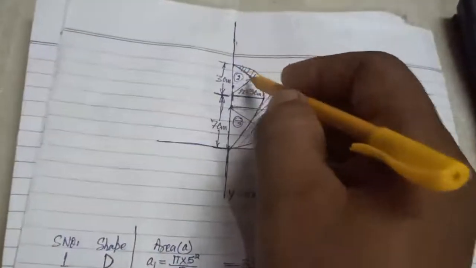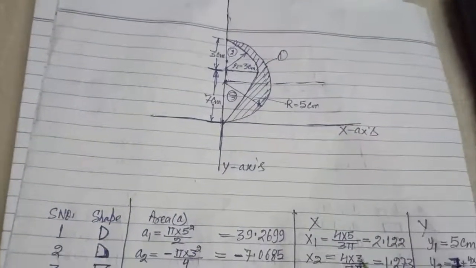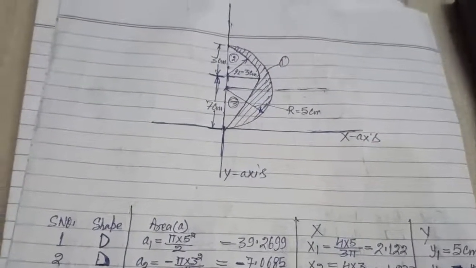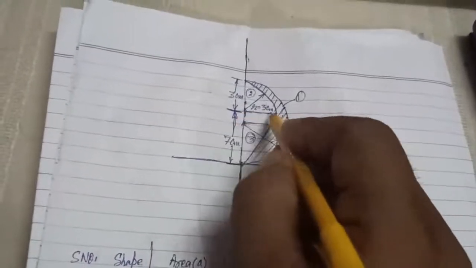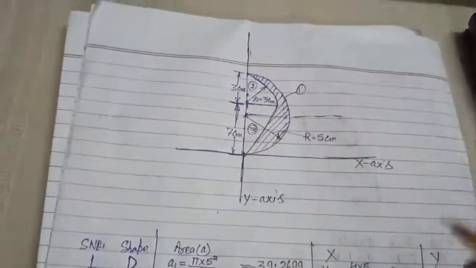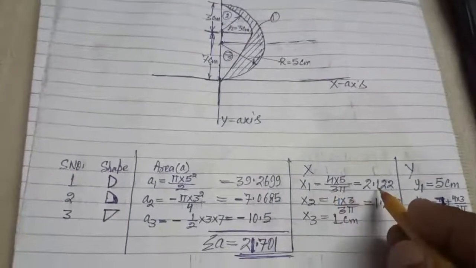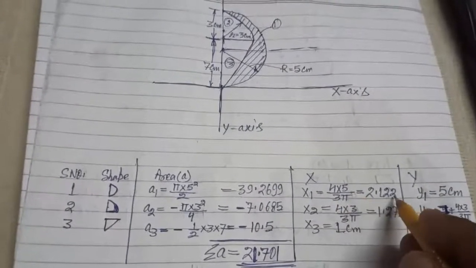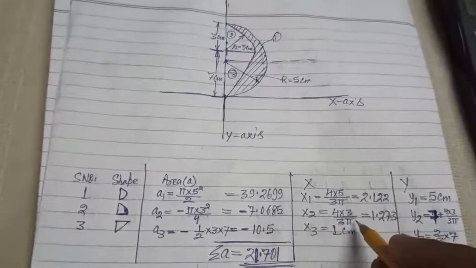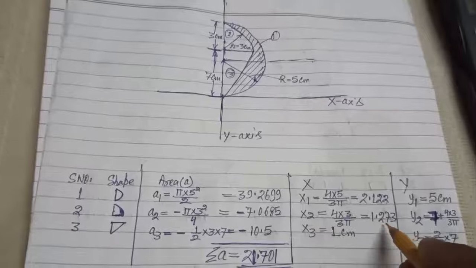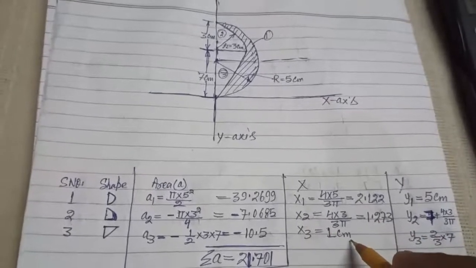And for the quadrant, it is again 4r by 3 pi, r is 3, so 1.273. And for the triangle, it is 1 by 3 of this side, so 1 by 3 of 3. It means it is 1 centimeter. So x1 is 2.122, x2 is 1.273, and x3 is 1 centimeter.